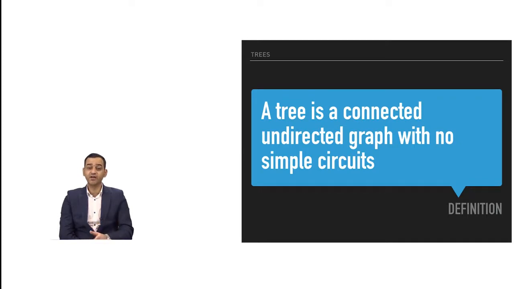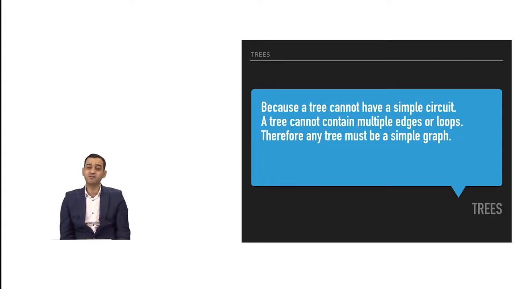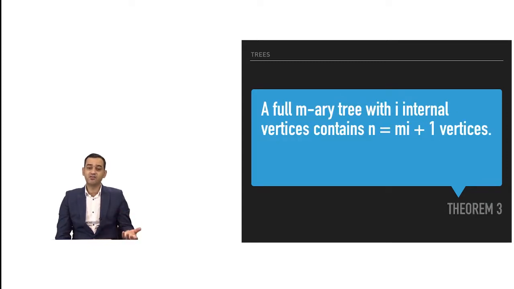A tree is a connected and directed graph with no simple circuits. Because a tree cannot have a simple circuit, a tree cannot contain multiple edges or loops. Therefore, any tree must be a simple graph. A full m-ary tree with i internal vertices contains n, which equals m multiplied by i plus 1, vertices. Here m equals the degree of the tree.